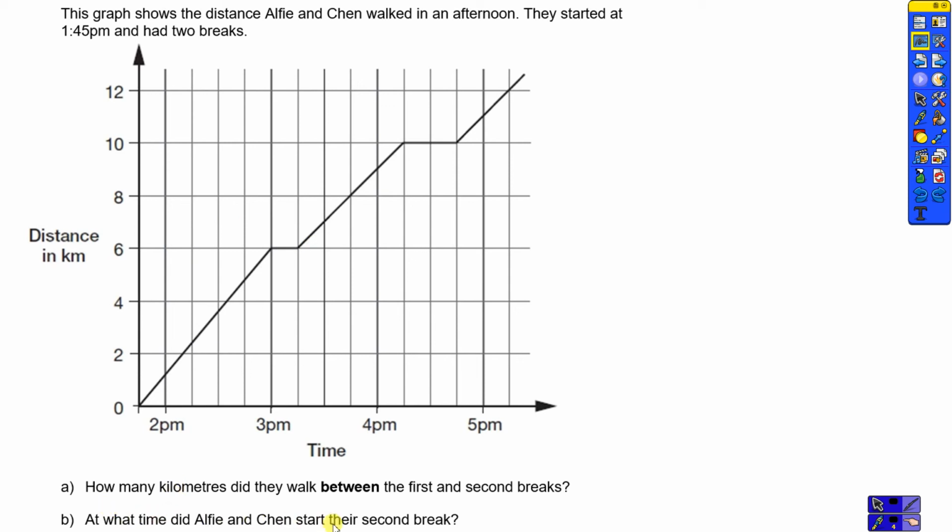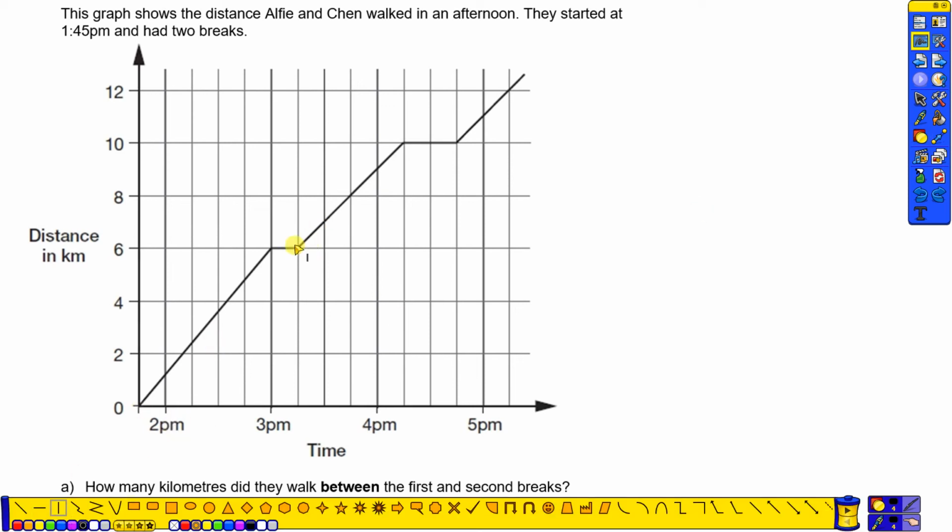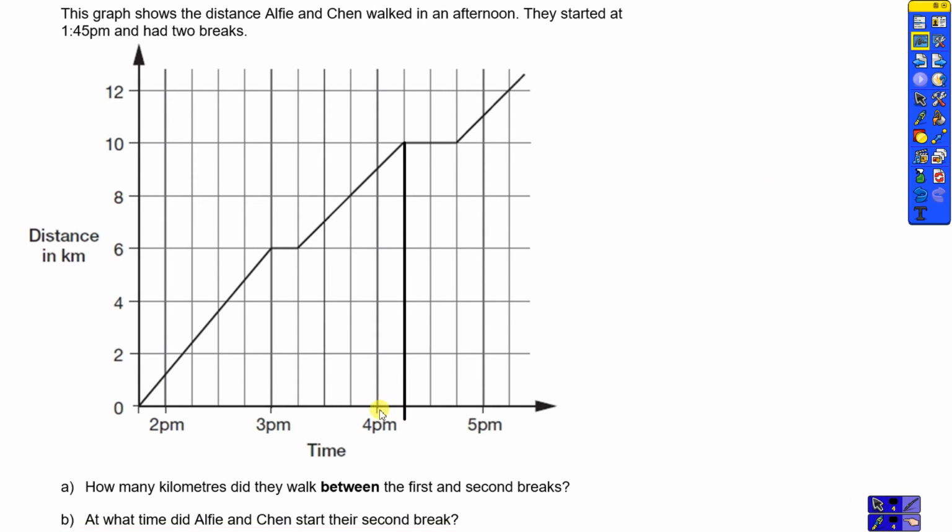At what time did Alfie and Chen start their second break? So the second break would be the second time that the line went horizontal. The start of the second break would be when it started to go horizontal. So we can draw a line straight down. Now we need to be careful.